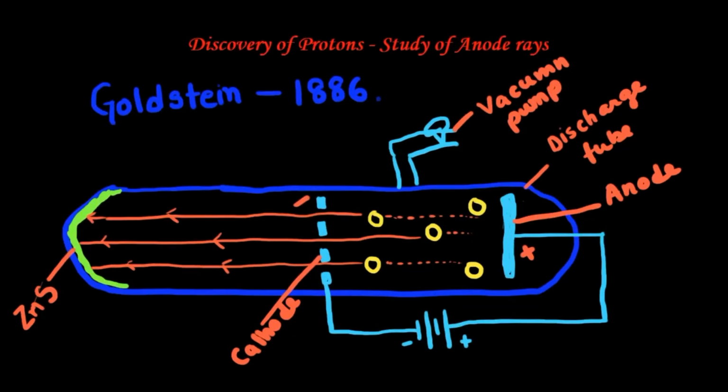These rays are believed to be produced as a result of the knockout of the electrons from the gaseous atoms by the bombardment of high-speed electrons of the cathode rays on them.